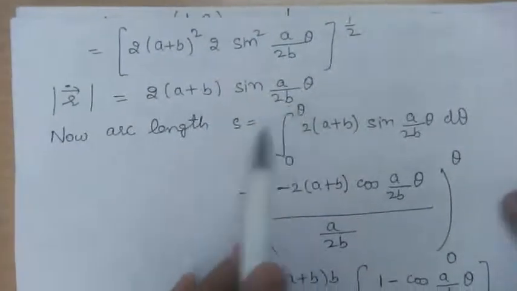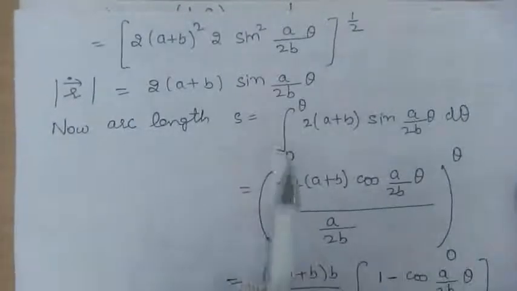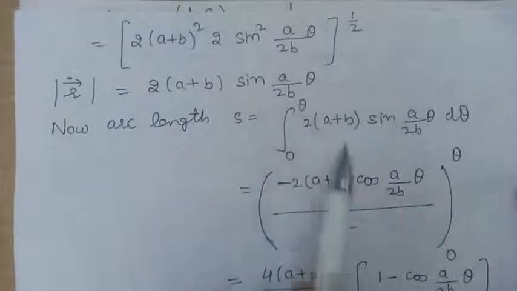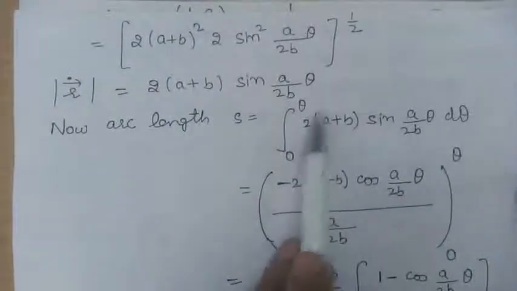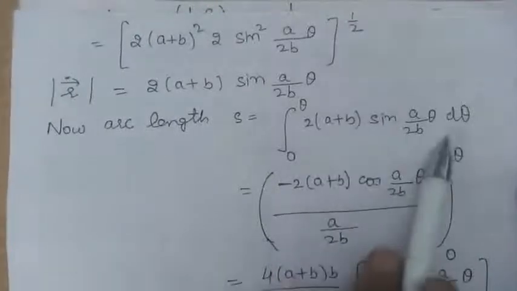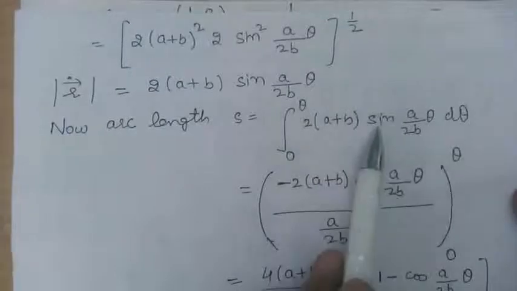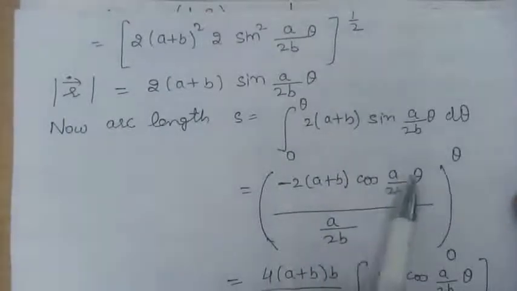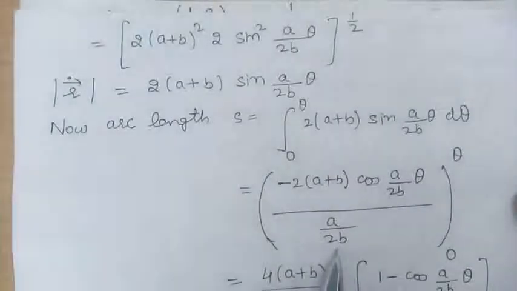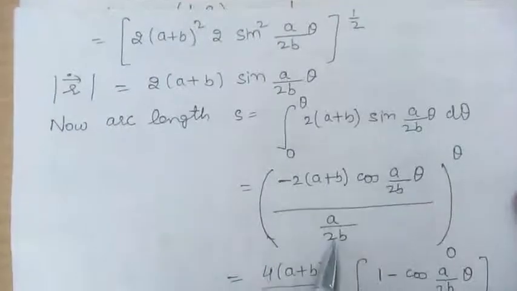Now by definition, arc length s is given by the integral from 0 to theta of the magnitude of the vector r dot. Substituting the value of r dot here and integrating with respect to theta, this term is constant. The integral of sine is minus cos, so we get cos of (a theta by 2b), divided by the coefficient of theta, which is a upon 2b.